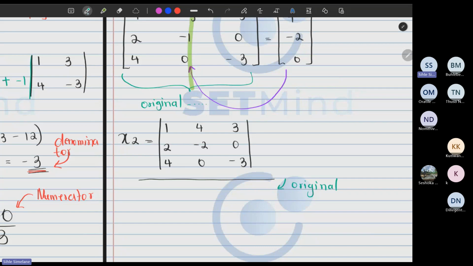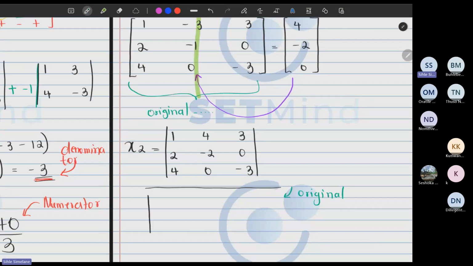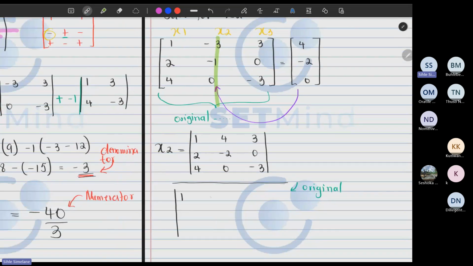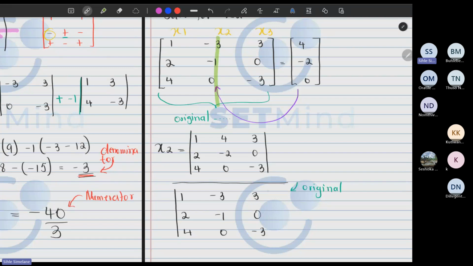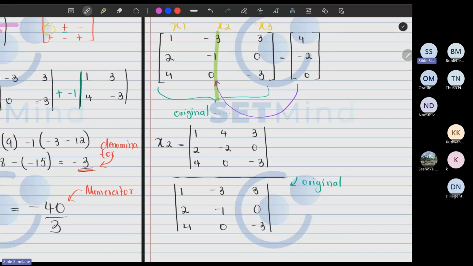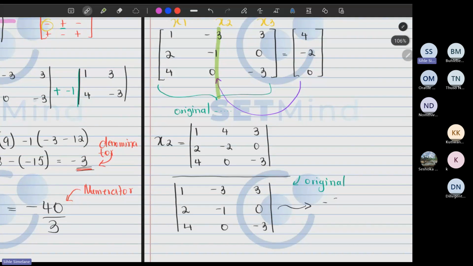And luckily enough, from the previous calculation, we have found the original. We saw that it is going to be -3. So I'll have 1, -3, 3, 2, -1, 0, 4, 0, -3. I need to deal with the top part, because the bottom part we already found is -3.